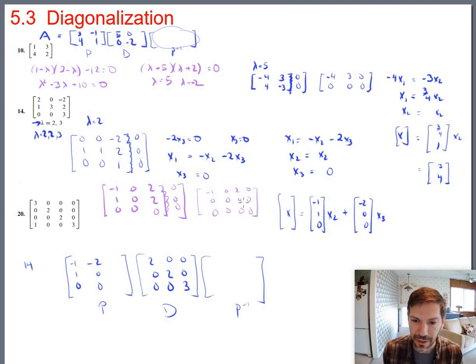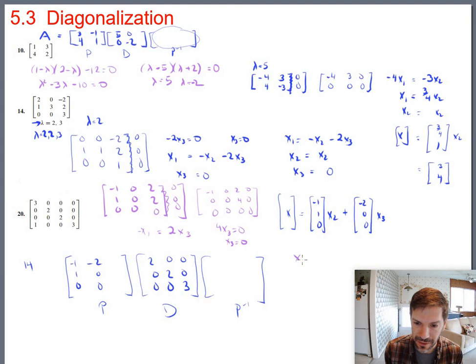Okay. So the second row here says that 4x3 equals 0. So once again, we know that x3 has to be 0. And the top line says that negative x1 equals 2x3. So since x3 is 0, that means that x1 is 0 also.